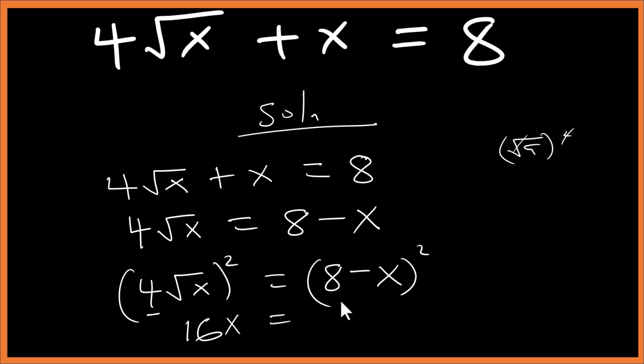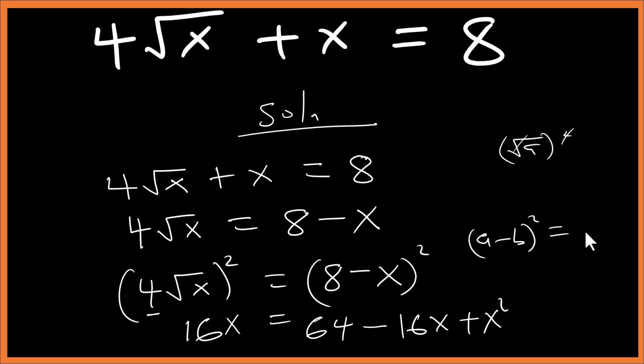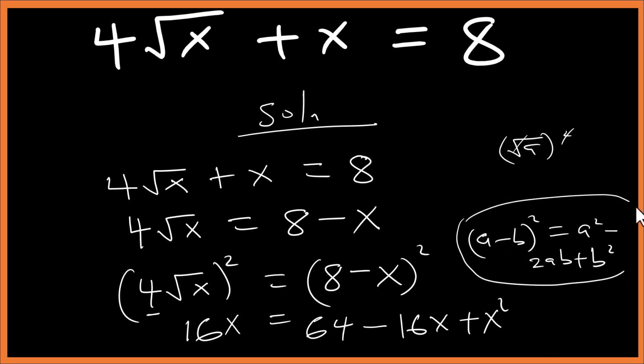This side will be 8 squared is 64, so 2 times 8 times x, so minus 16x, plus x squared. It means a minus b all squared is the same as a squared minus 2ab plus b squared. Okay, that's that.